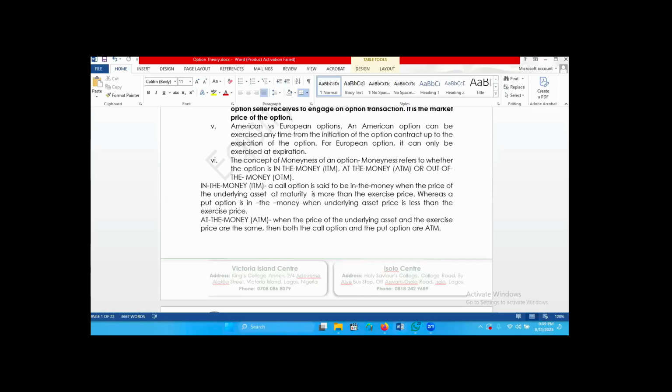Moneyness refers to whether the option is in the money or at the money or out of the money.